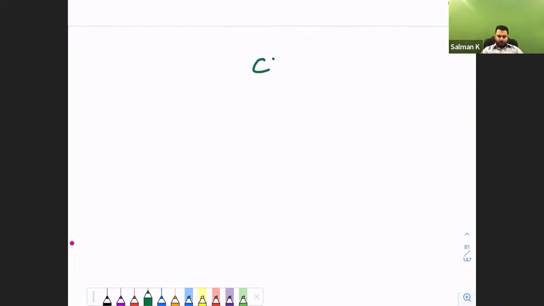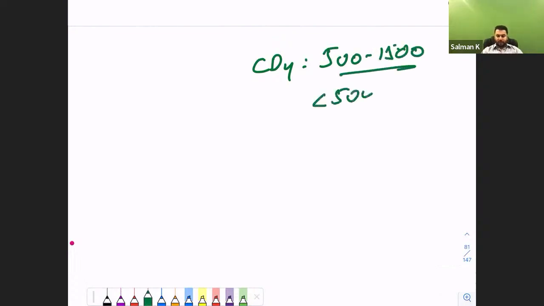you should know the normal CD4 count in a human being. It is said to be 500 to 1500, which every one of us has learned. So anything that is less than 500, now you have become immunodeficient, right?